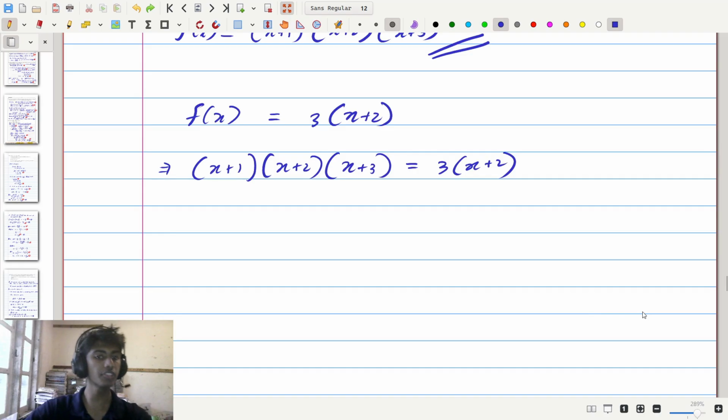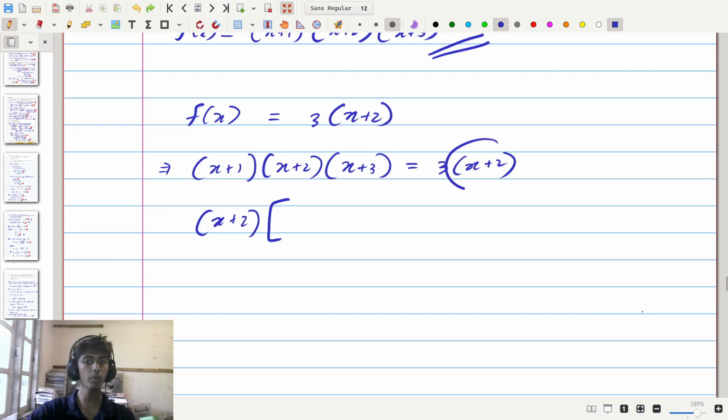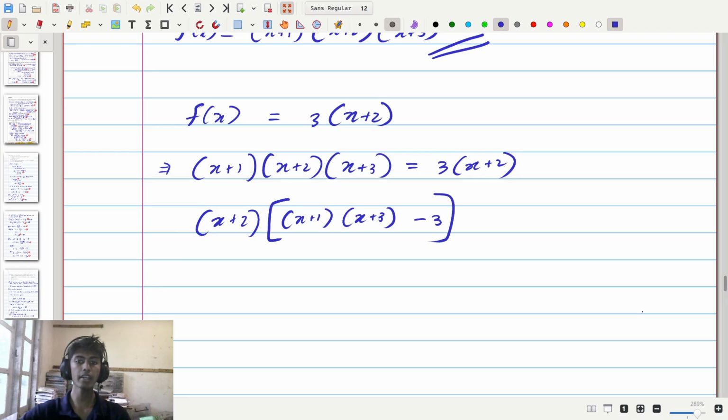Doing so, we get x plus 2 times a big factor, which is everything else other than the x plus 2. When we factor out the x plus 2, we have an x plus 1 times an x plus 3, but then we also have a minus 3 here. So we have x plus 1 times x plus 3 minus 3, and that is all going to be equal to 0.